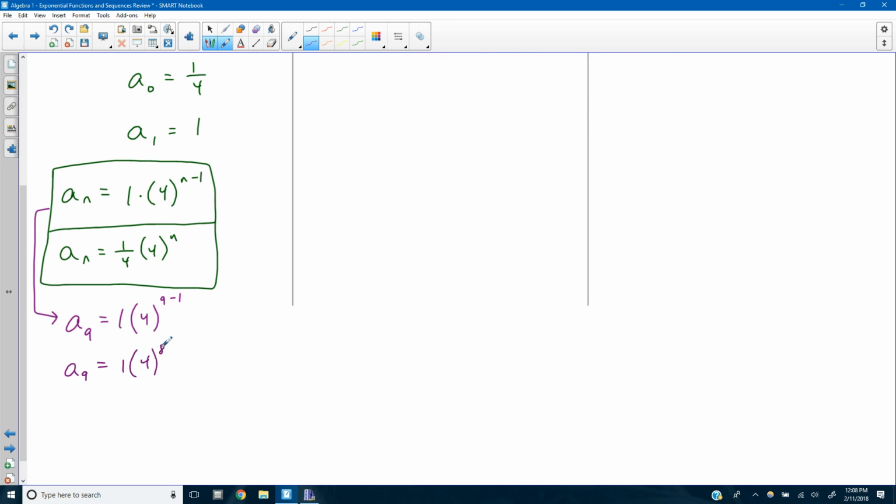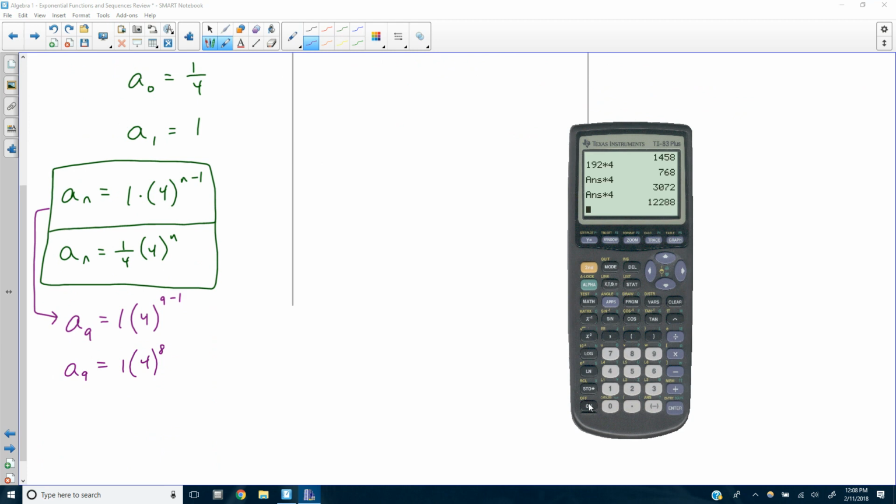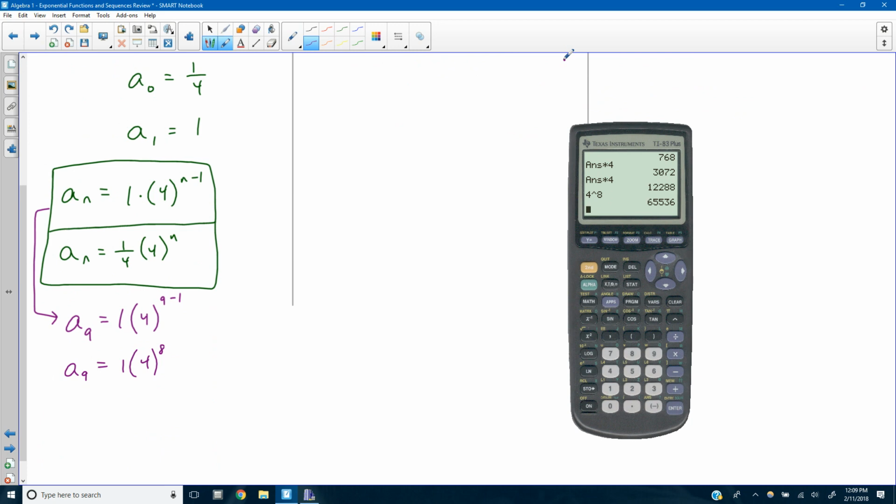So to reach the 9th term, I'm only going to multiply by 4 8 times. Now, I don't know what 4 to the 8th power is. This is settled with the calculator. So I'm not going to write that 1, because 1 times anything is just that number. 4 to the 8th power is 65,536. So the 9th term is 65,536.